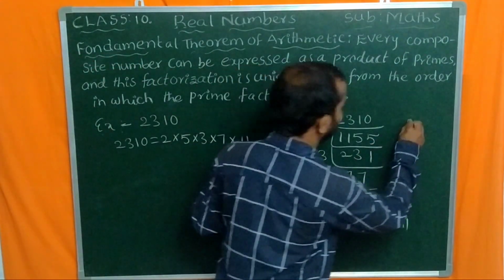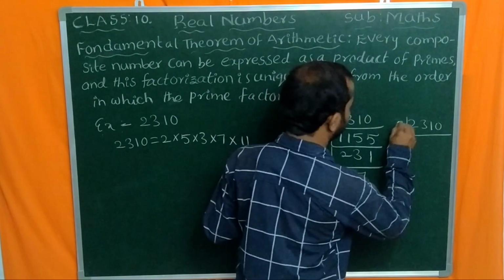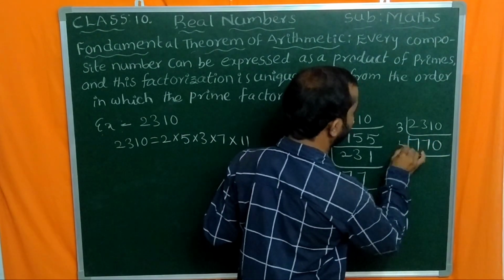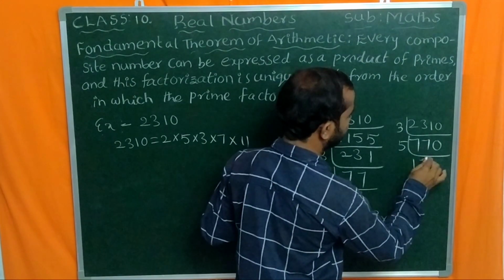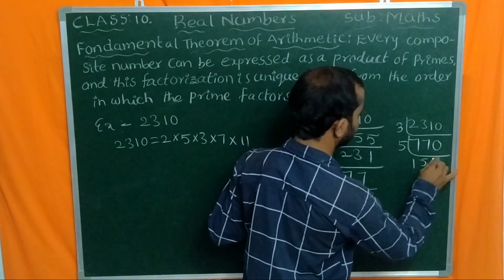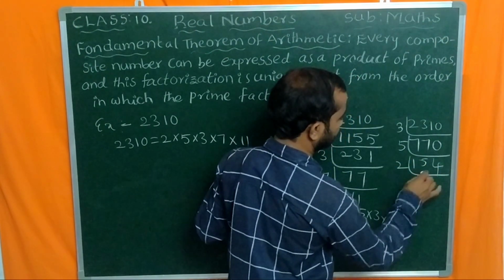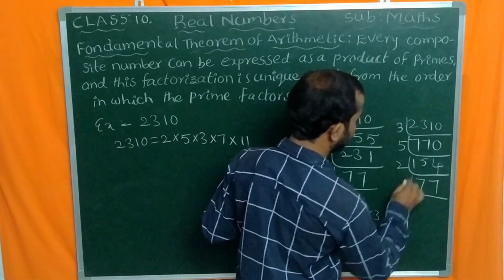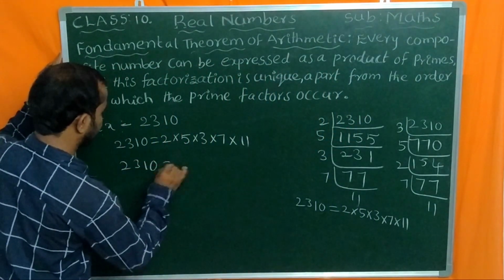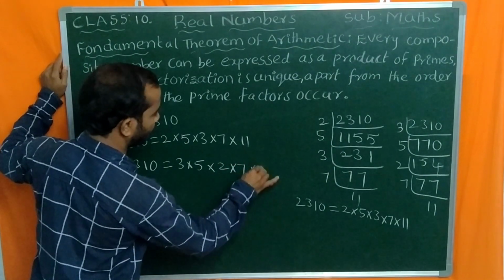2310 can also be written with the primes in another order: 3 into 5 into 2 into 7 into 11.